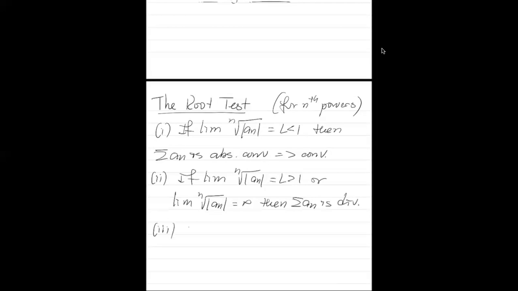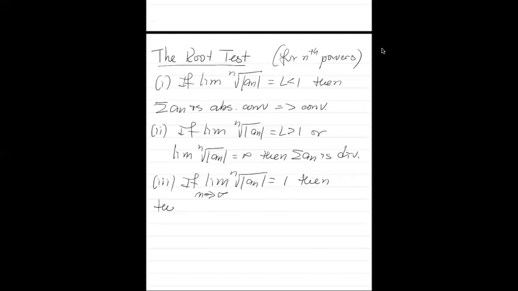And third case, if that limit is exactly 1, then just like before, the root test is inconclusive. That means you don't know. It could be convergent or divergent. You have to use another test. Note that if you get the third case in the root test, you get the same third case in the ratio test. So you have to use a different test.